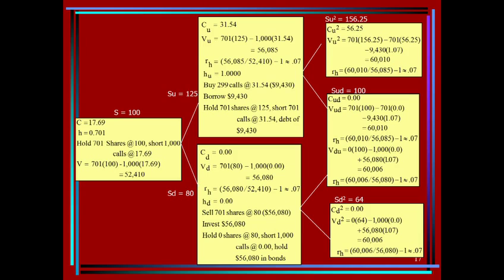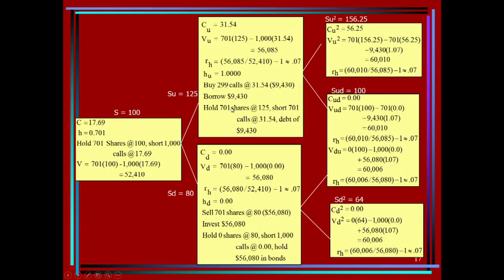In my example here, I choose to buy back 299 calls, because it's cheaper to buy back calls. I buy back 299 calls at the prevailing price, so I have to spend 9,430. I assume I borrow 9,430.